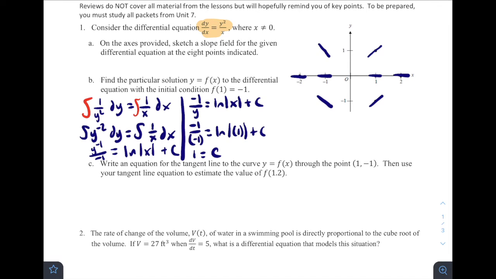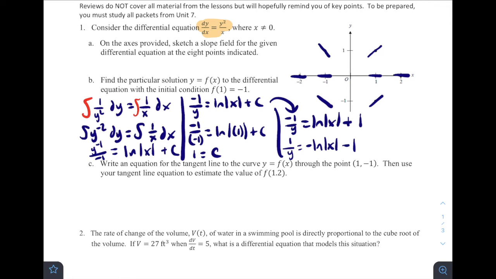Ultimately then, we can plug back into our equation. Negative 1 over y is equal to the natural log of x plus our c, which is 1. I'm going to get rid of this negative sign on both sides by multiplying by negative 1 to give me 1 over y is equal to the negative natural log of the absolute value of x minus 1.